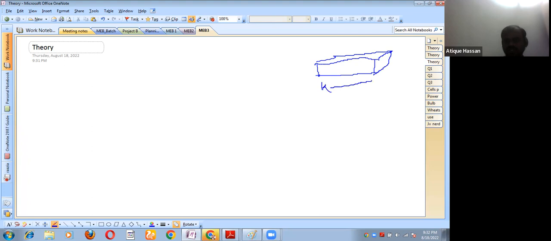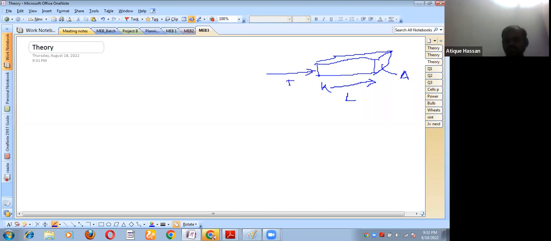So this is a conductor having length L and its area of cross section is A. The current is flowing from this end to this end. So in this case, the resistance of the conductor will be rho L by A.